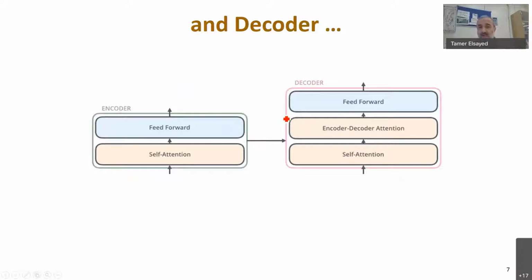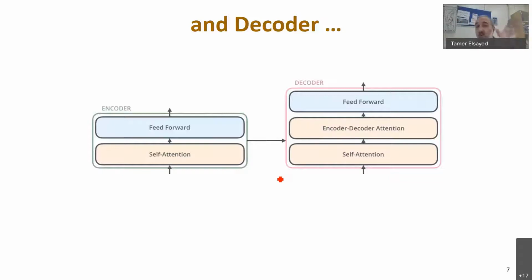Now, the decoder has three sublayers. It has two sublayers similar to the encoder, but it also has a third one in between that is called encoder-decoder attention, and of course we will explain what exactly that means. So far we said that we have two stacks.